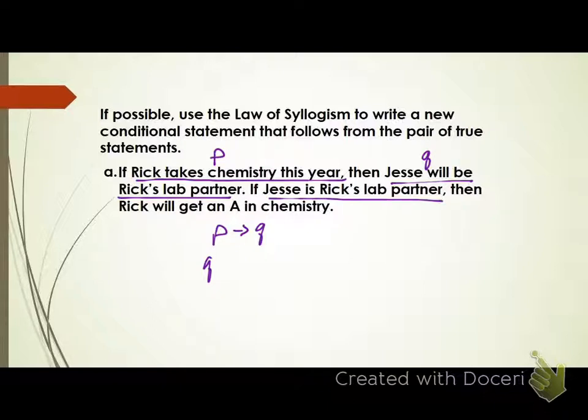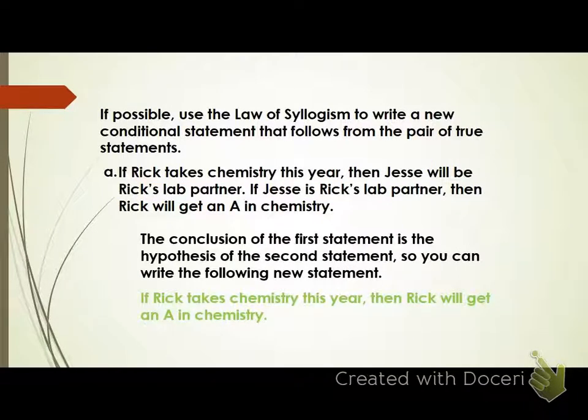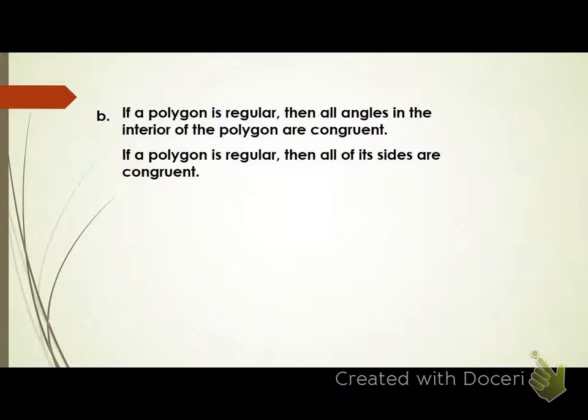So we do have Q, but now Q is leading to a different conclusion, which is Rick will get an A. So that's Q leading to R. So what that means we can do is take P and jump straight to R and say, if Rick takes chemistry this year, then Rick will get an A in chemistry. Okay, the conclusion of the first statement is the hypothesis of the second statement. So then we can jump straight from P to R. Okay, so that's where it holds up.